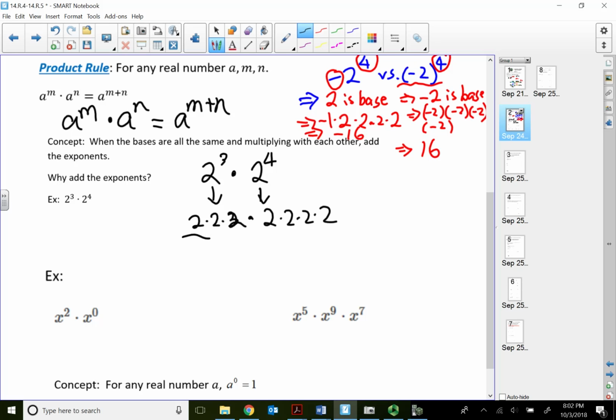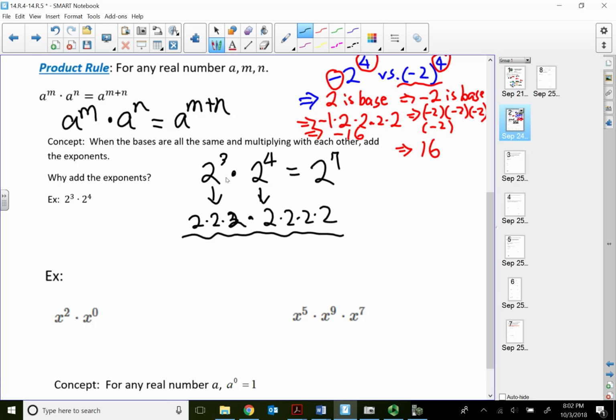So what we see here is there are 7 twos being multiplied. That's why the answer is 2 to the 7th power. 2 to the 7th power means I have 7 twos being multiplied. That's why we simply add the exponents.